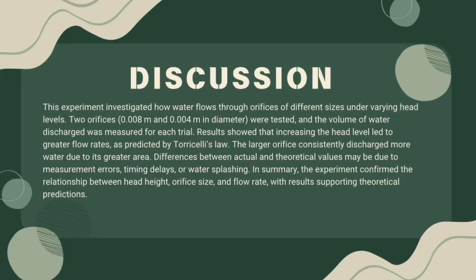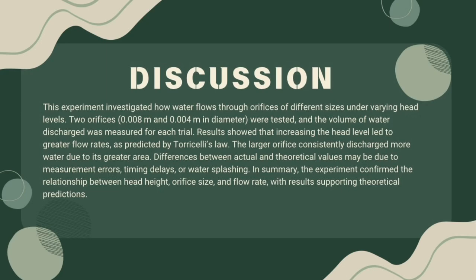The experiment investigated how water flows through orifices of different sizes under varying head levels. 2 orifices with diameters of 0.008 meters and 0.004 meters were tested, and the volume of water discharged was measured for each trial. Results showed that increasing the head level led to greater flow rates, as predicted by Torricelli's law.